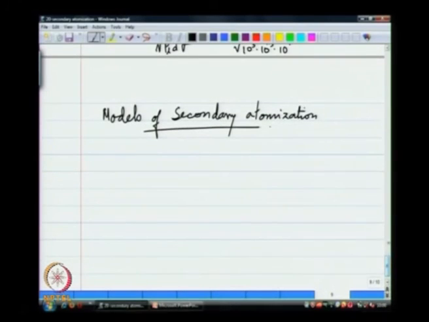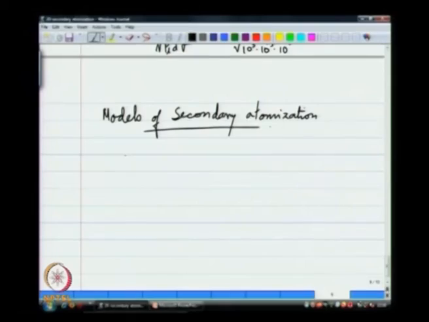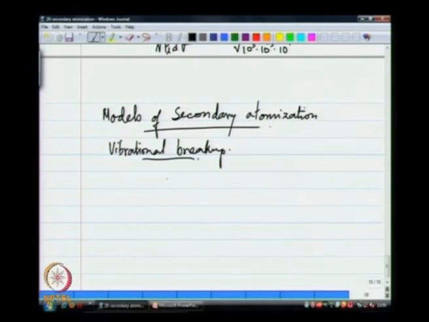So, I do a bunch of experimental measurements, parse it into a regime chart, and now I am ready to look at modeling this process. The simplest to model is actually the vibrational breakup, where I have this drop leading into sort of a dumbbell like mode, and this dumbbell like mode is likely to break up due to oscillations. We will continue this in the next class and look at other models as well along with Taylor analogy breakup.